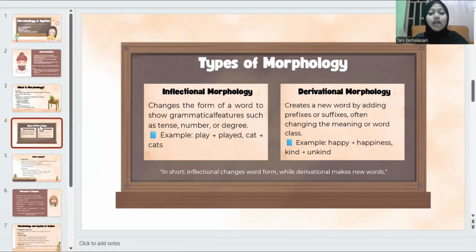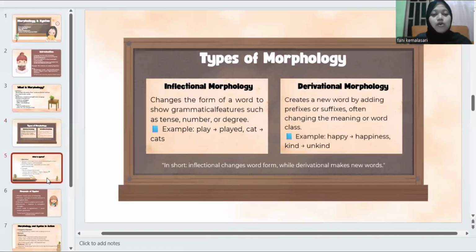This one creates a new word by adding prefix or suffix, often changing the meaning or the word class. Example, happy to happiness, kind to unkind. So here is an easy way to remember. Inflectional changes the form and derivational creates new words. Simple, right? Okay. Now we move to the next slide.